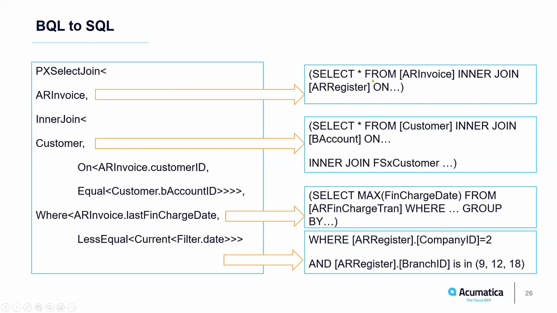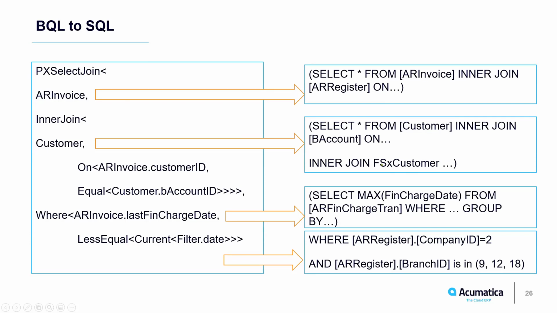In fact, it will be something like select from AR invoice, inner join AR register. Now, let's take another example, the customer. Again, the same story. What we see in SQL is select from customer, inner join BAccount. There will be join conditions. And we will also see inner join FSxCustomer, which is an extension of the data access class.